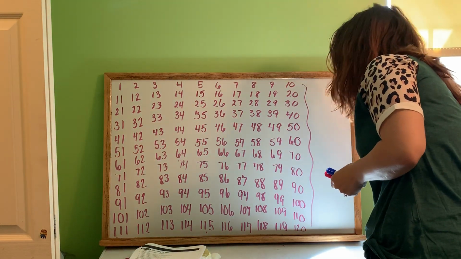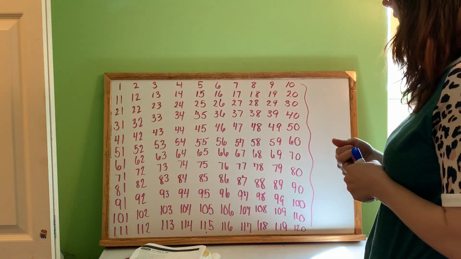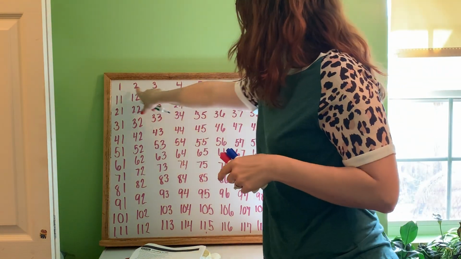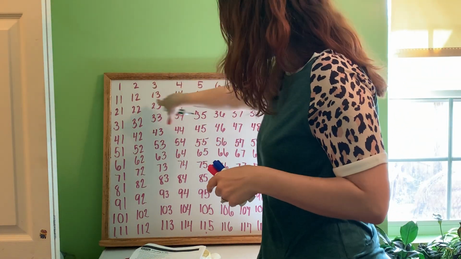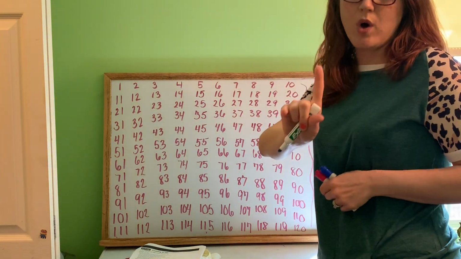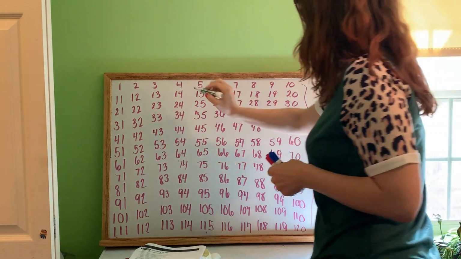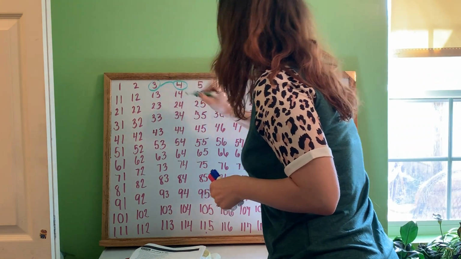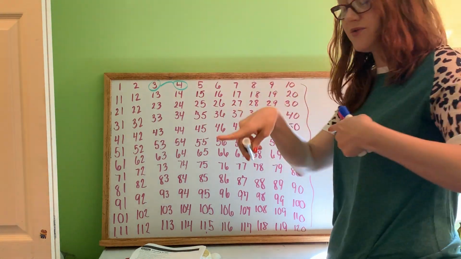So first of all, one pattern that we really want them to find is that when we look across a row, the numbers are going up, and they are going up by 1. So when I do a jump from here to here, that's a jump of 1, 3 to 4.